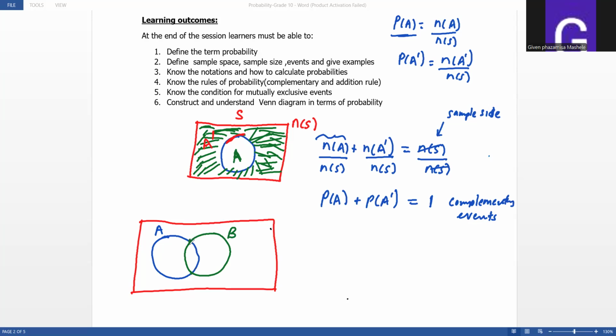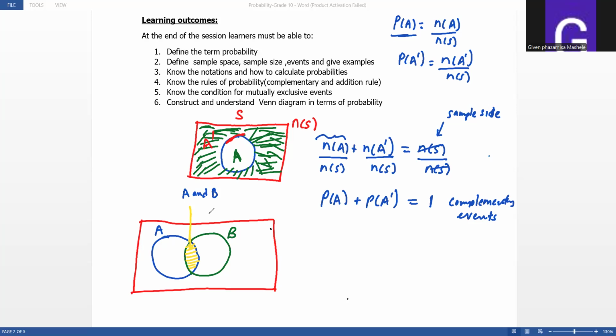So what is this area called, this one? This is the area where the 2 events are intersecting. So this is called A and B. It means A and B are occurring simultaneously, or at the same time. So this is A and B.